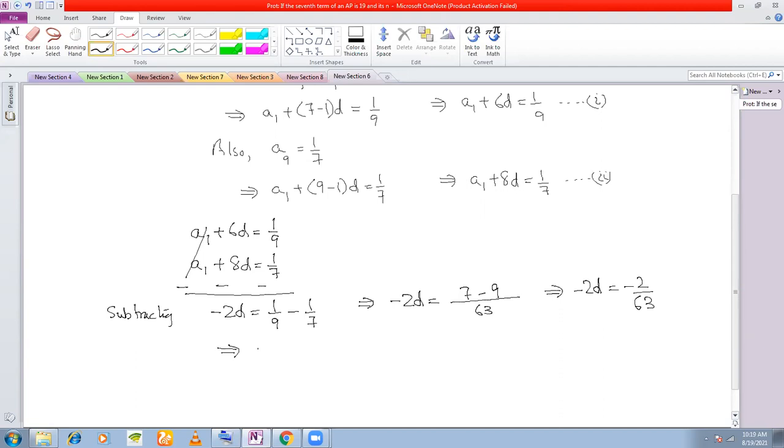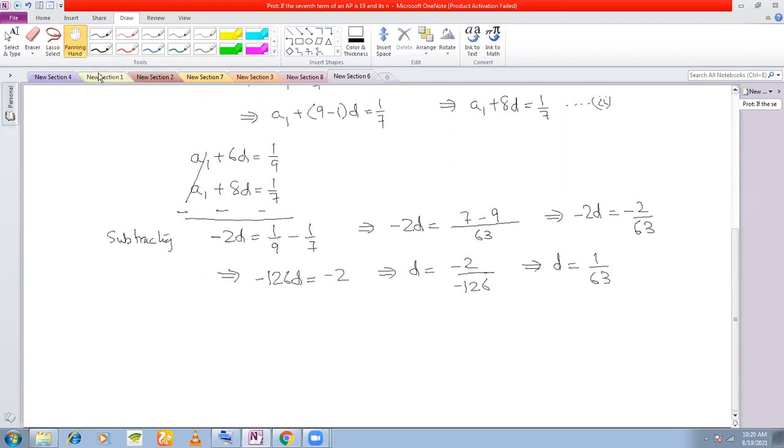That means you get 126D is equal to 2. D is equal to minus 2 by minus 126. So what is the value of D you are getting here? You're getting 1 by 63. Okay, this is a common difference.